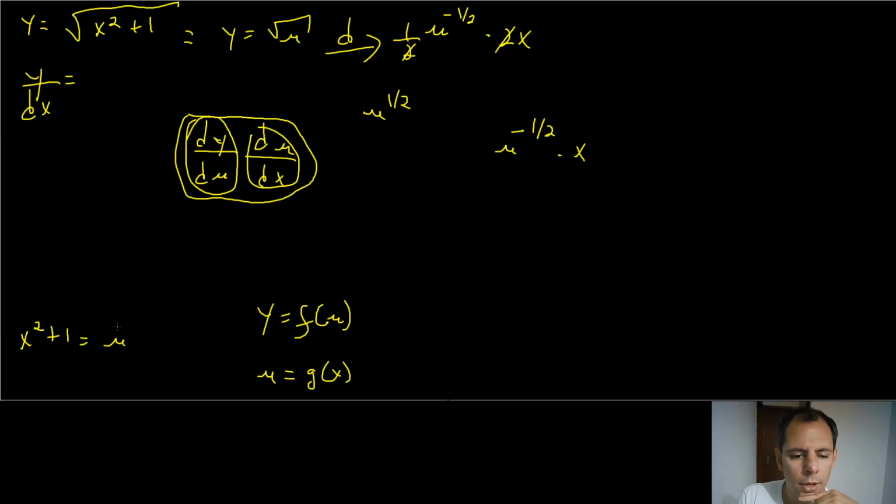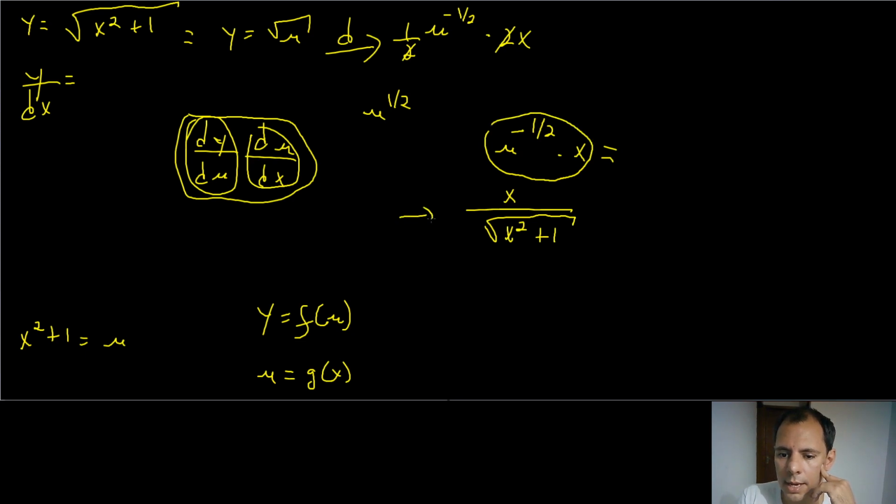Well, guess what? u equals x squared plus 1. So all you've got to do is say that, since it's to the minus 1/2, this whole thing equals x divided by the square root of x squared plus 1. Okay, this equals that. Because this x is in the numerator, I just repeated it here.